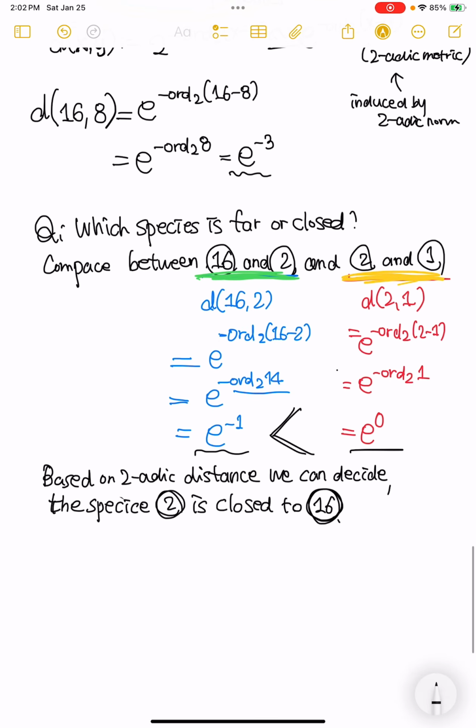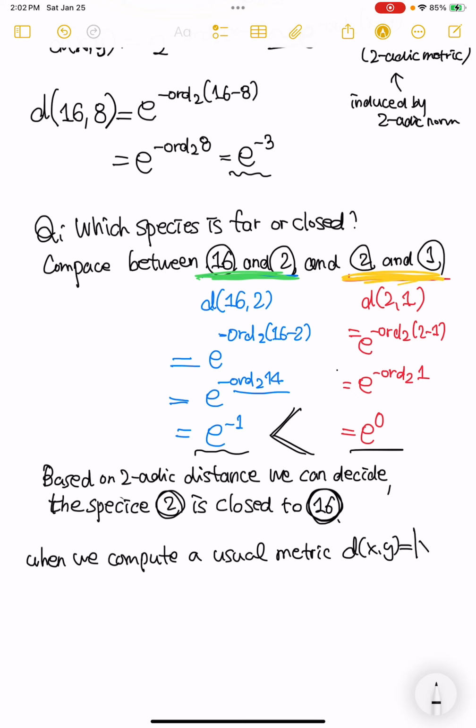One remarkable point: when we compute a usual metric, just the absolute value, then between two species it is 14, and that is 1.